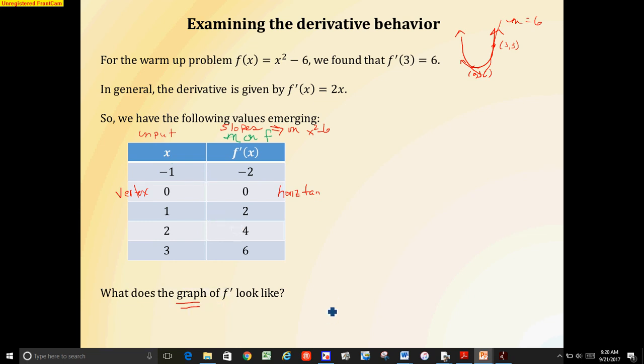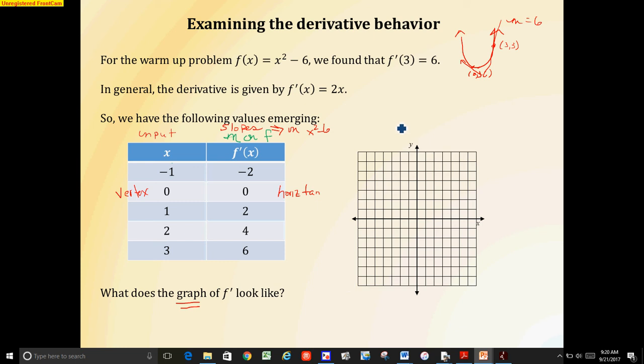But I don't think you're going to be surprised that I am now plotting x's versus not y values really, but f prime of x values. When x is negative 1, f prime of x is negative 2.